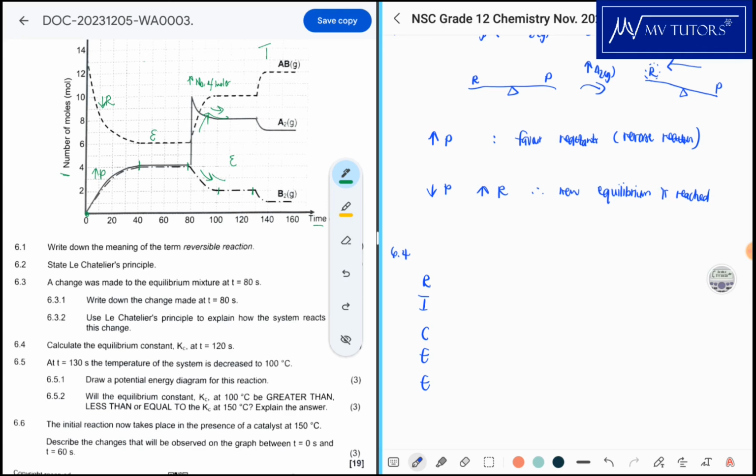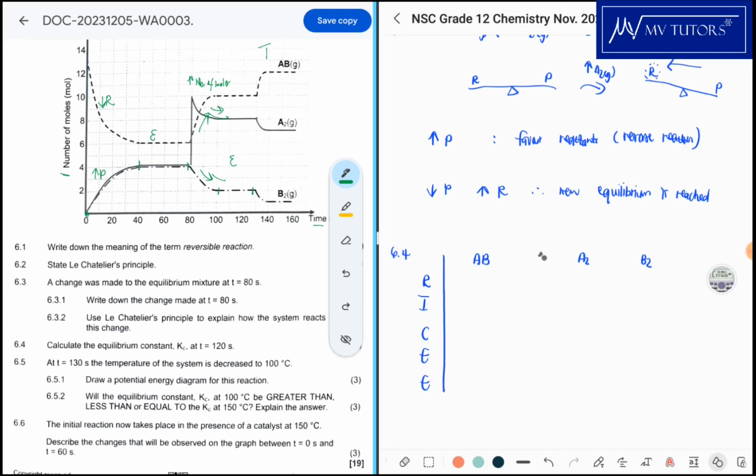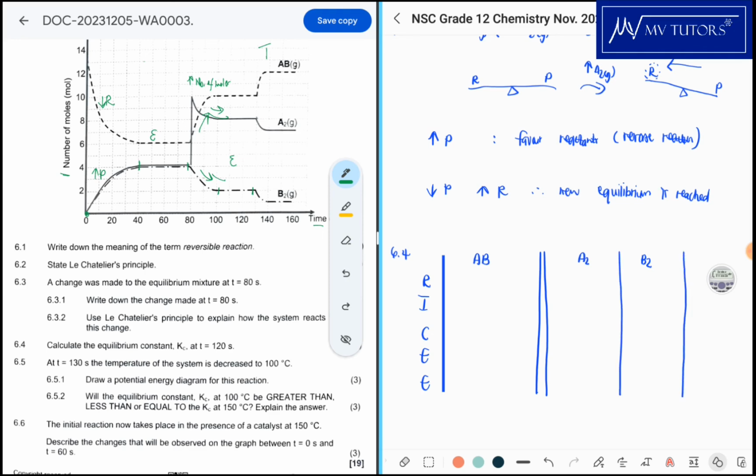So our reactants, we have AB. Our products, we have A2 and B2. Okay, I'm just going to draw the rise table, although we can actually see from the graph at equilibrium what the number of moles are.